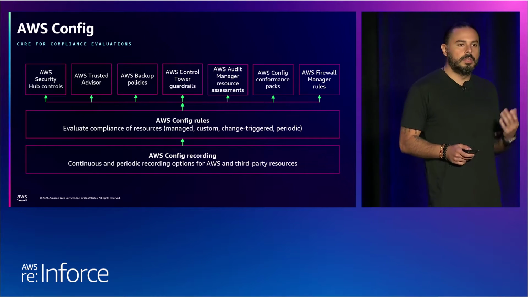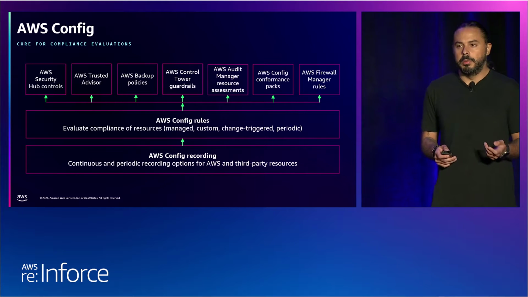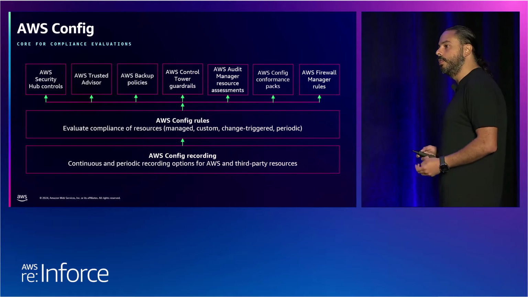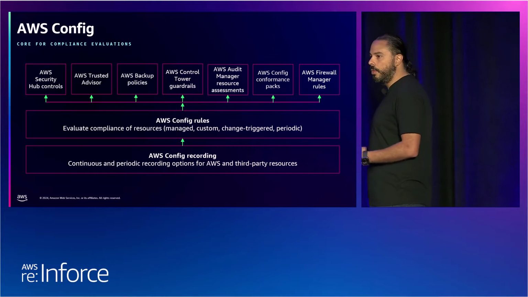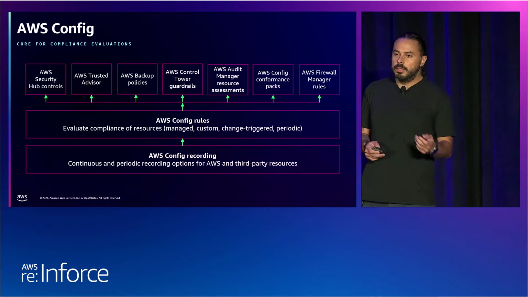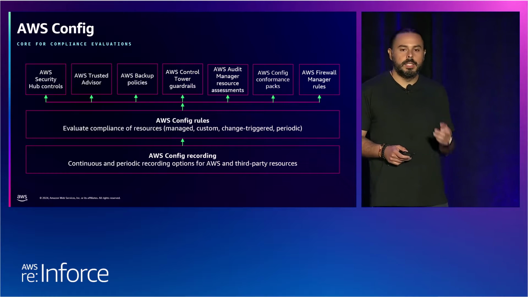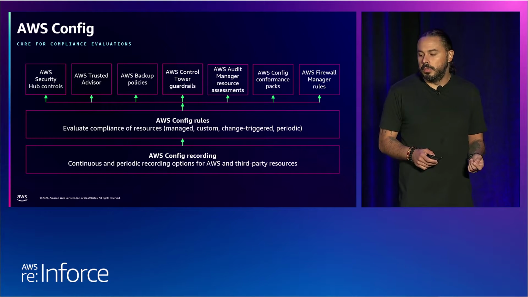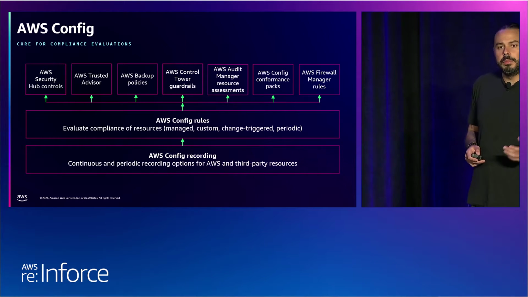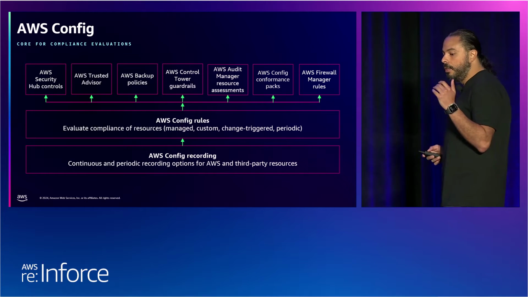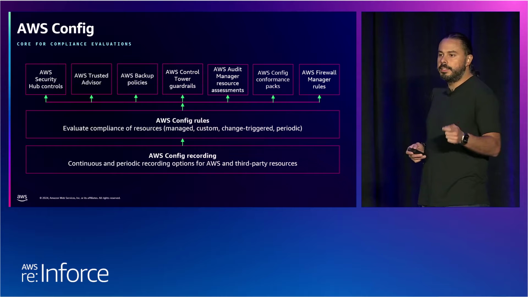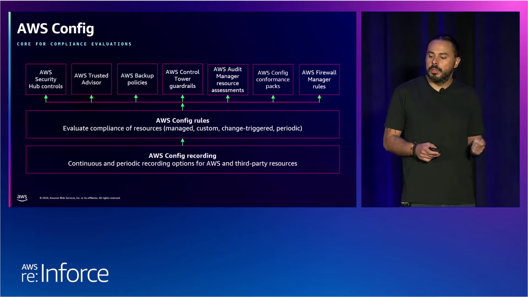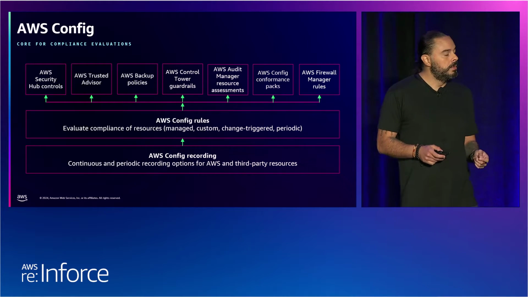On top of that, you can enable, as I told you, AWS Config rules. You can have managed rules, which are rules that are there as a template that you can select and work with. You can also create custom rules if you have a very specific use case that you need to leverage. Those can be set to be triggered on changes, so if a resource sees a change, it gets evaluated again, or they can be periodic as well.